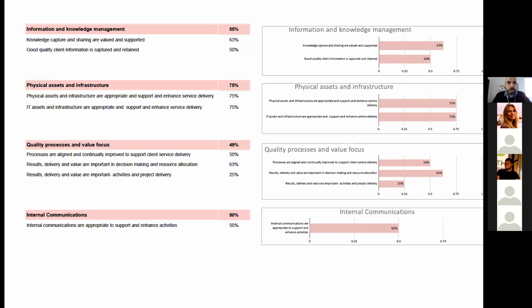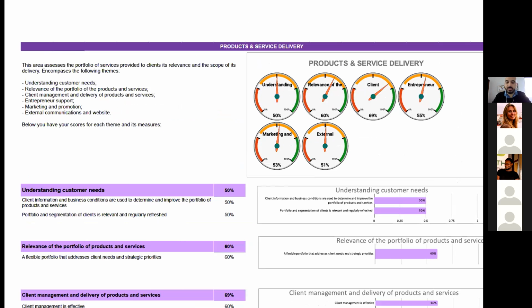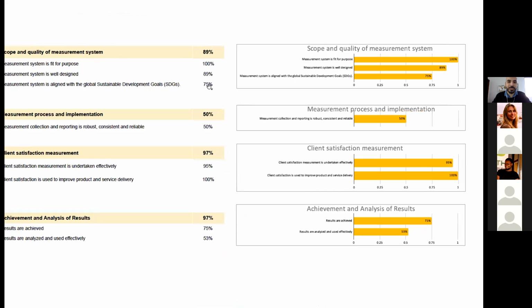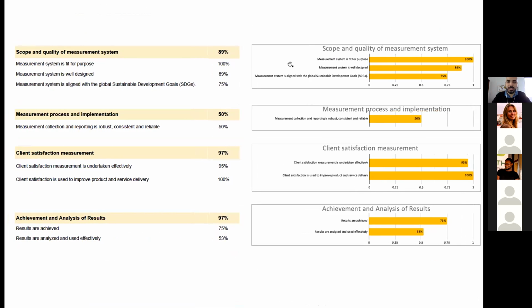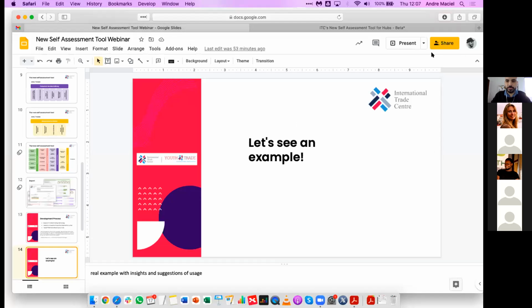Anyway, this is the general look of the report you're going to receive. As I said before, it's quite comprehensive, so don't be afraid of using it. I'm going to get back to our presentation. That was right here.